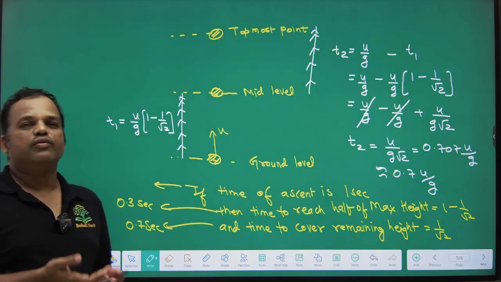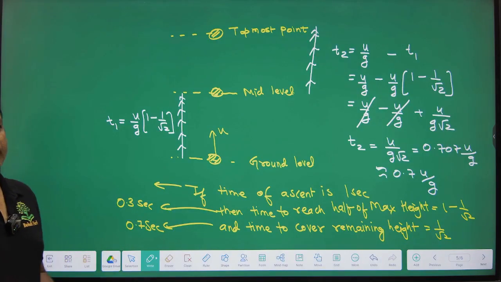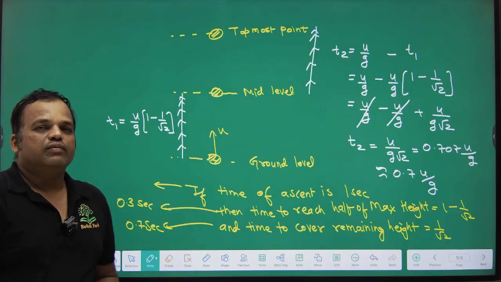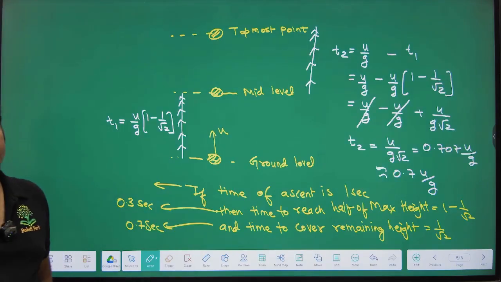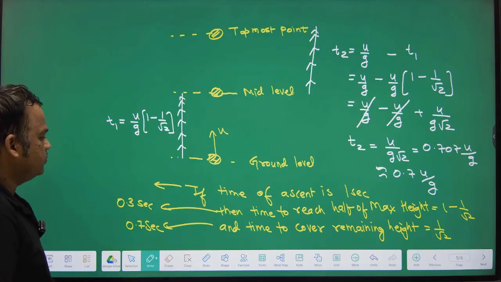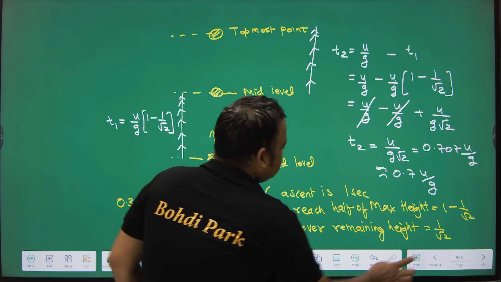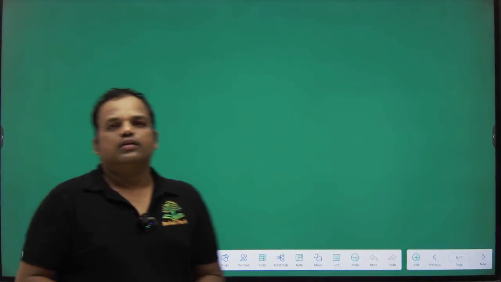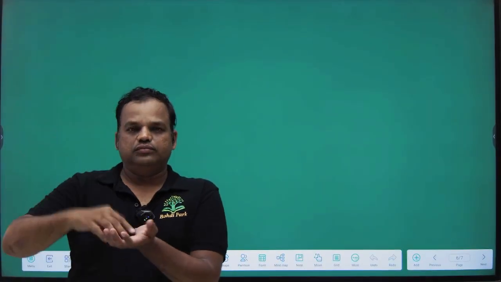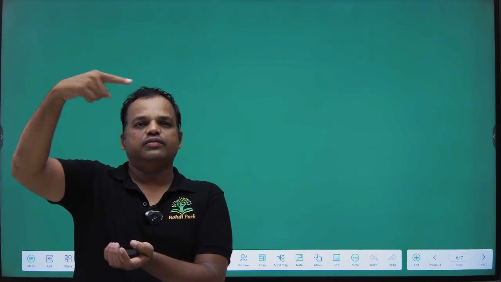Now let's talk about downward motion. So when it is downward motion, the same object, when it is dropped, then initial velocity is 0. Now the object is dropped. It is dropped like this. Initial velocity 0.